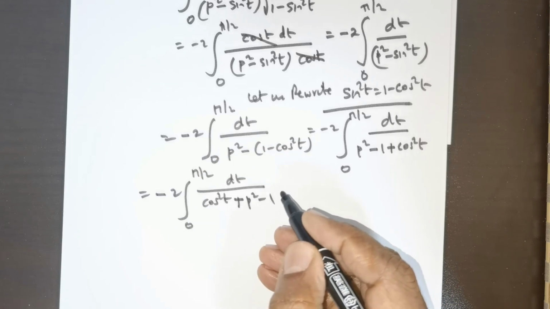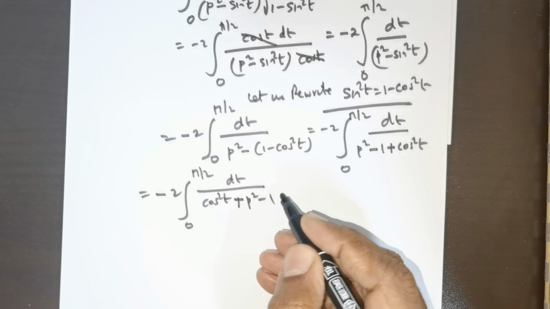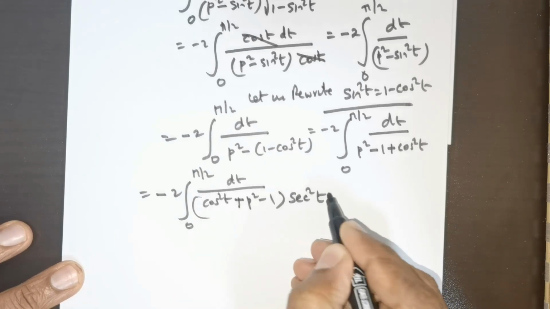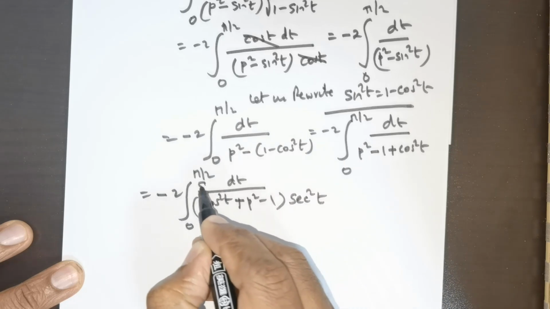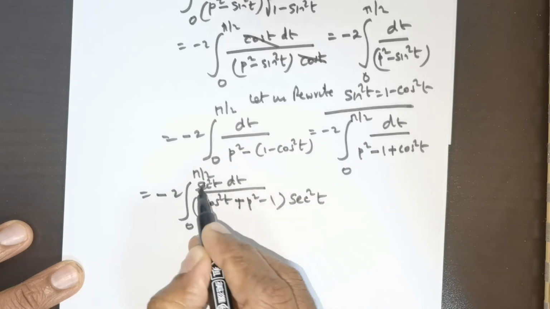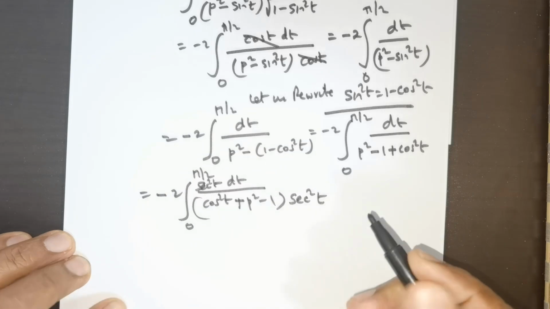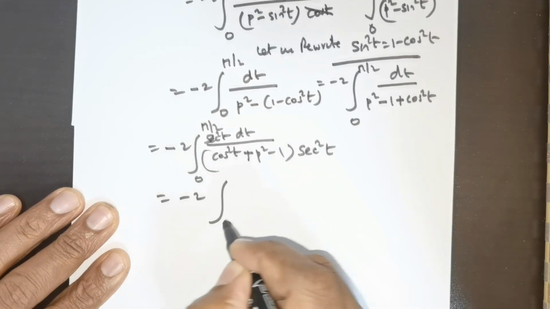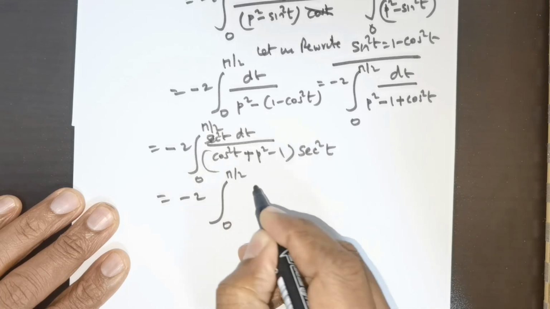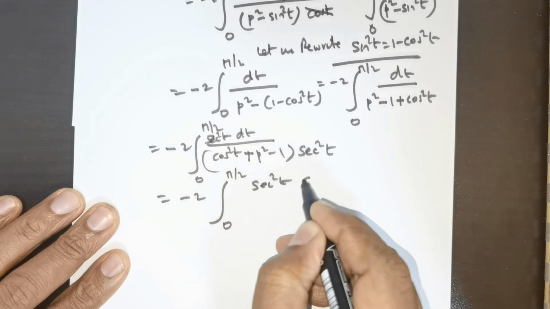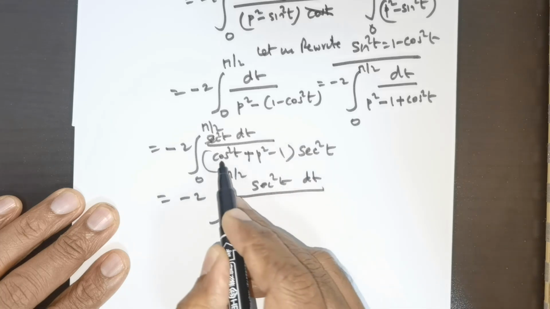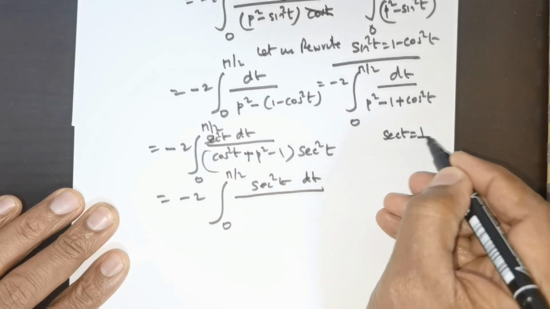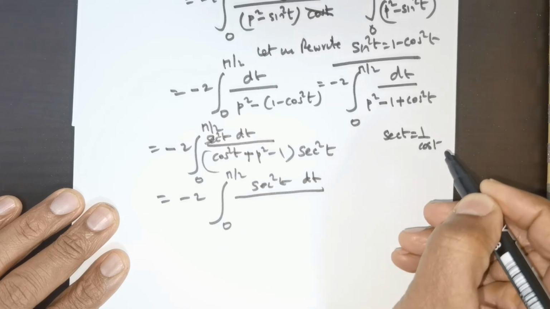Now what I wish to do next is multiply the numerator by secant squared t and the denominator by secant squared t. So this is equal to negative 2 times the integral from 0 to pi over 2 of secant squared t times dt divided by cos squared t times secant squared t. Now secant t is 1 over cos t, right?